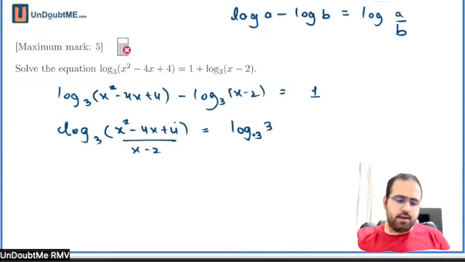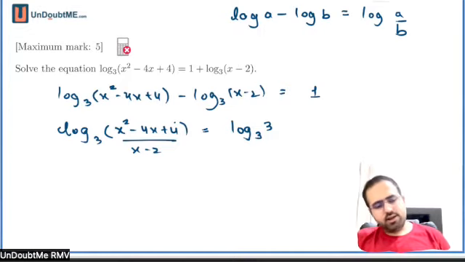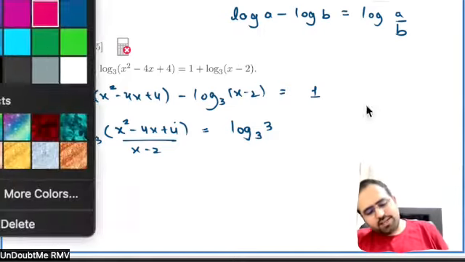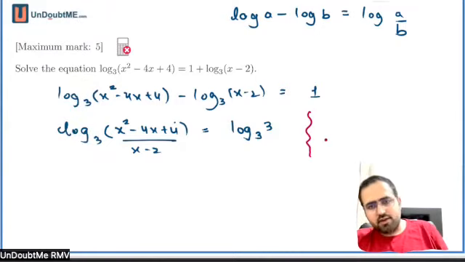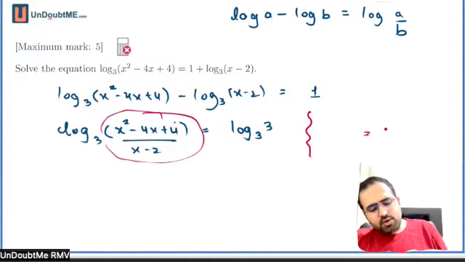Either you can do this or you can take anti-log, whichever step you are comfortable with, you can go ahead with that. If it is anti-log, then the next step will be this same term equal to 3 to the power 1, the power to which the base must be raised.